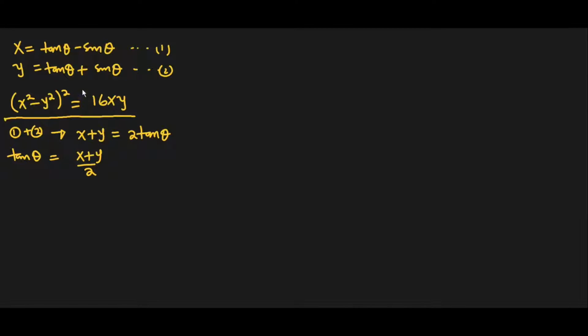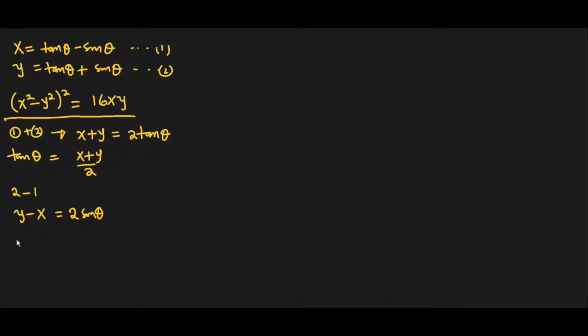And again, if we subtract 2 minus 1, this equation minus that, then that would be y minus x is equal to, so this will go off, and that will be minus sine, which goes to 2 sine of theta.